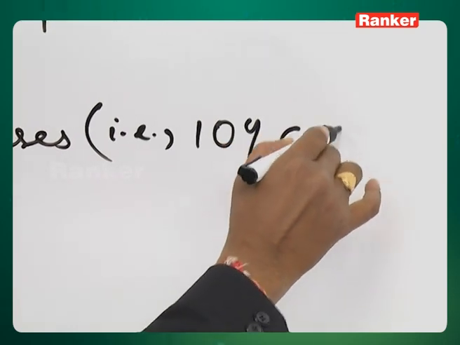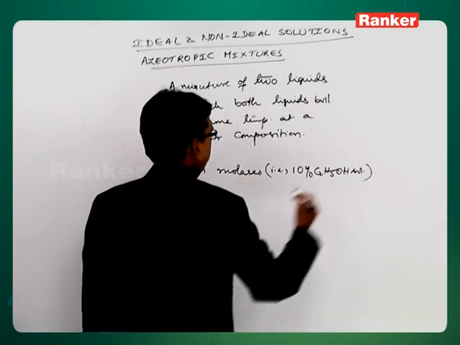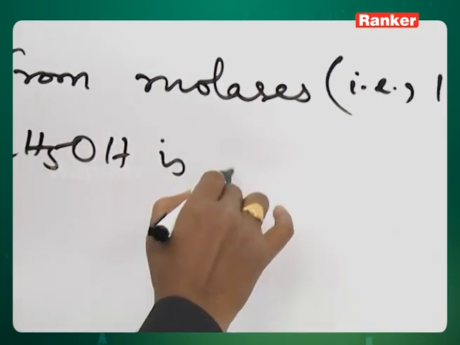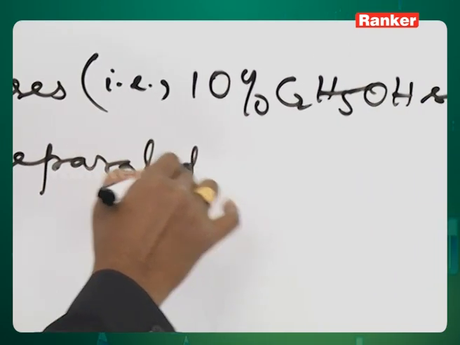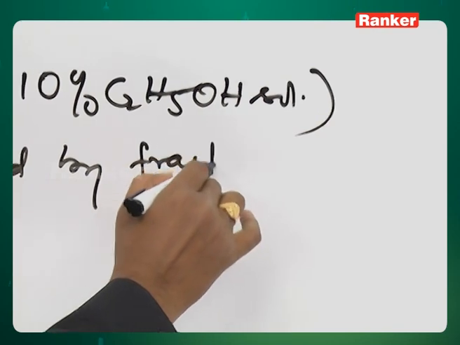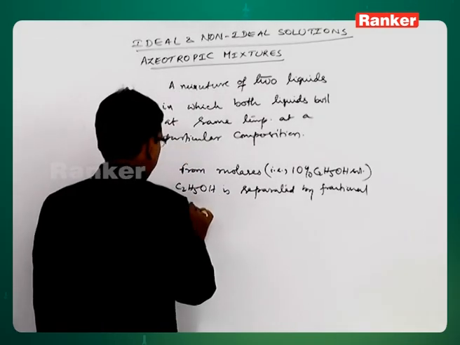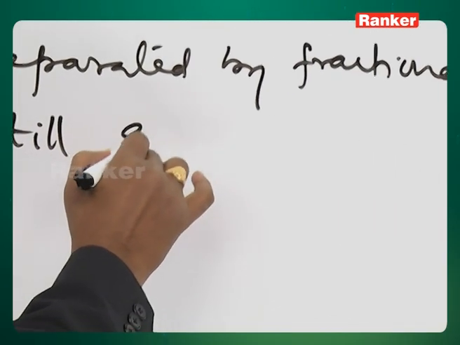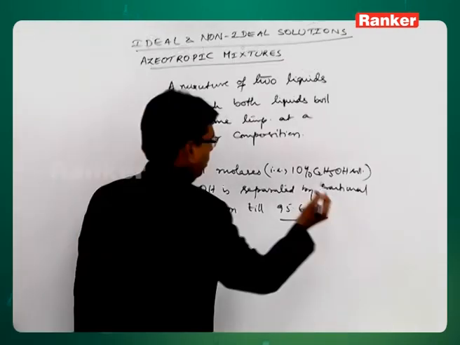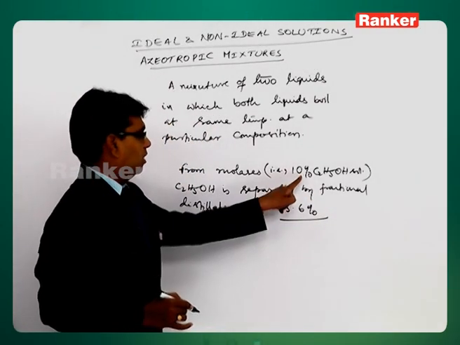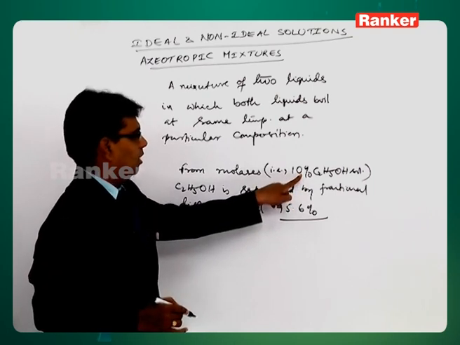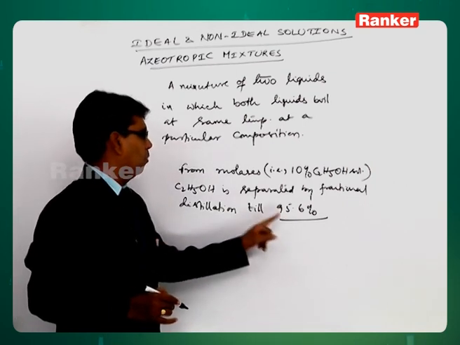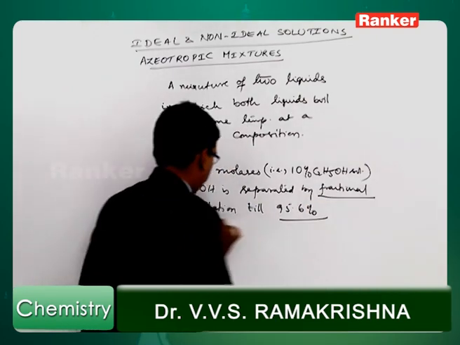10% ethyl alcohol solution. Ethyl alcohol is separated by fractional distillation till its concentration is raised to 95.6%. 10% ethyl alcohol solution is concentrated to 95.6% by fractional distillation.